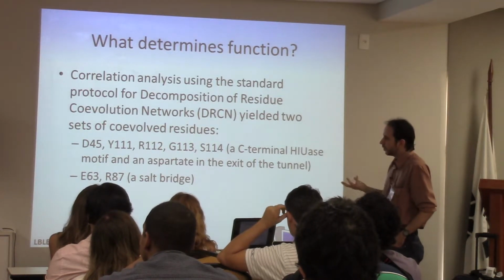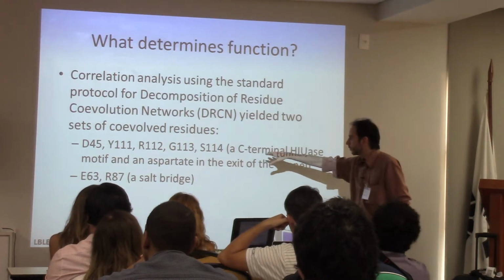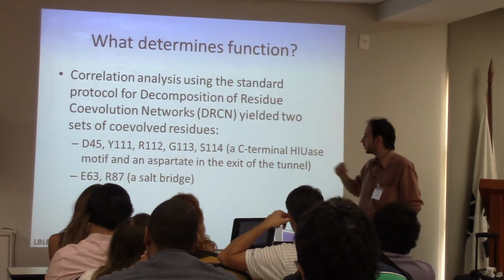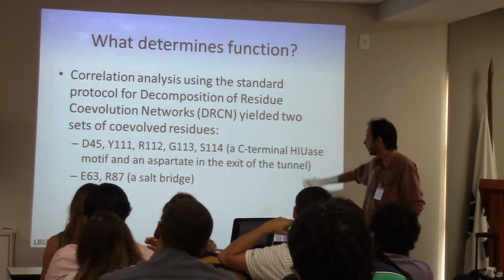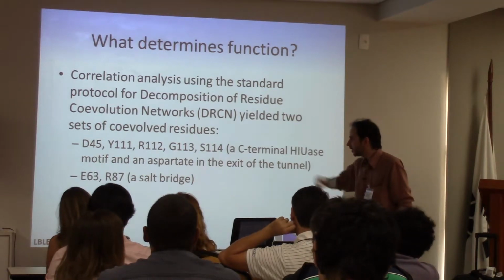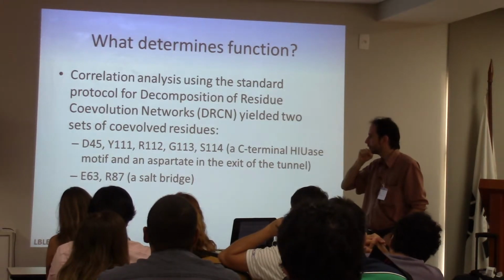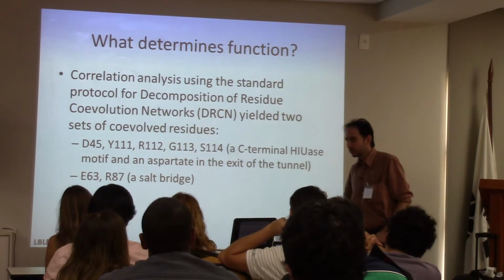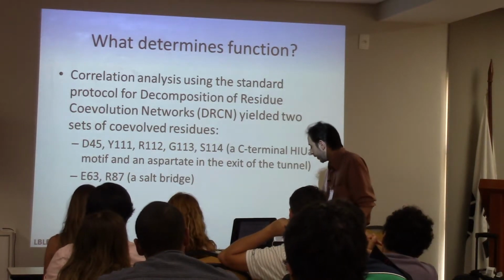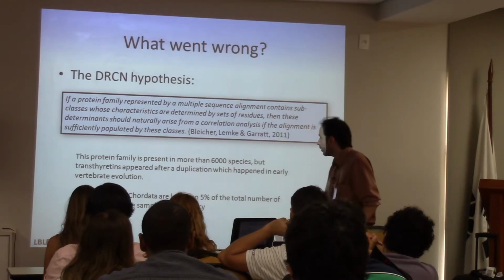The only thing we found was a set of residues, most of which have consecutive numbers. This is the C terminal of the protein for HIUases, which is the one we don't have, and also an aspartate at the exit of the tunnel, and a salt bridge. So sometimes we also capture structural pairs using our method.